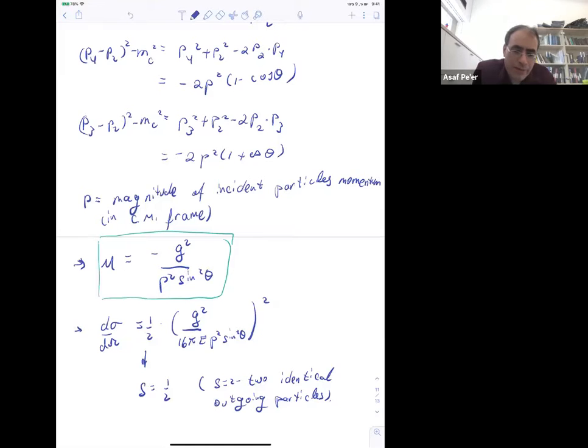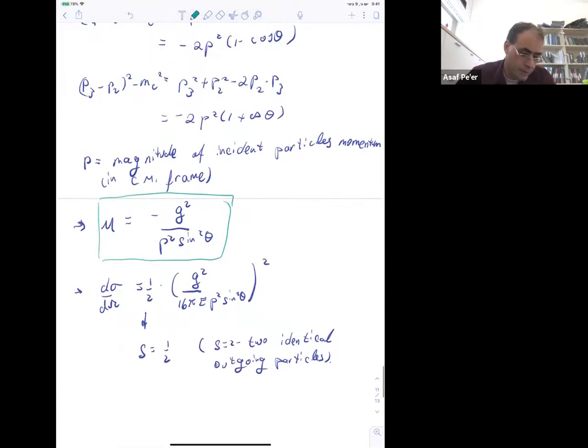Okay, but the important thing to remember, so I gave you this prescription, really, is that these Feynman rules are specific for this simplified model that contains only scalar particles. Let me stress that.